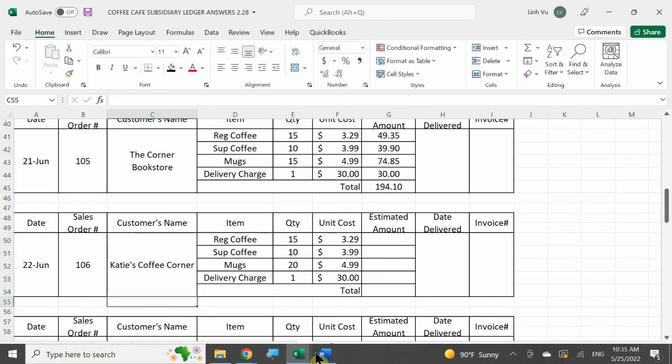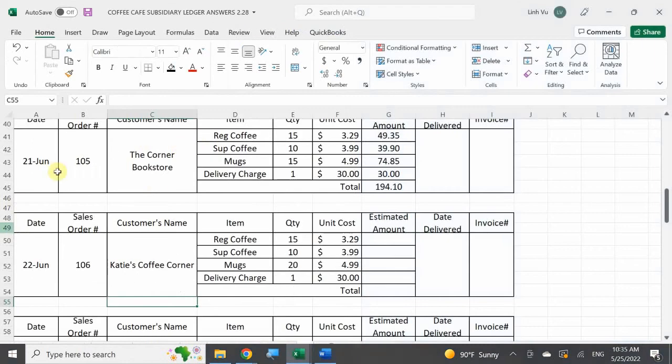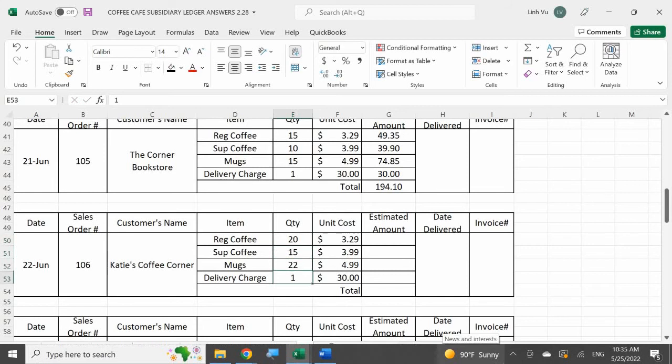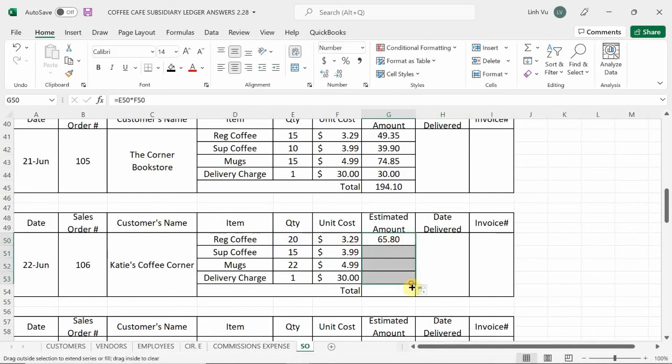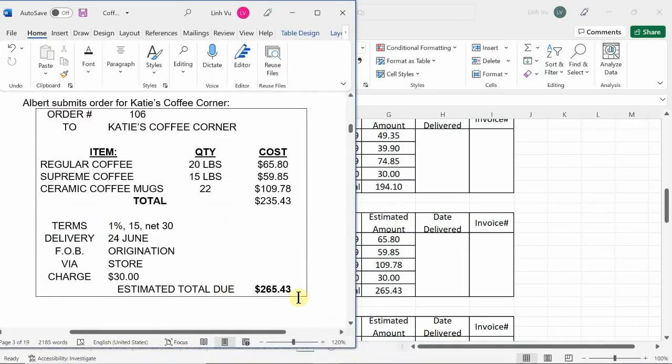What did she order from us? She ordered 20 pounds of the regular coffee, 15 pounds of the supreme coffee, and 22 coffee cups. So she's 20, 15, and 22. Therefore, she owes me a grand total of $265.43.